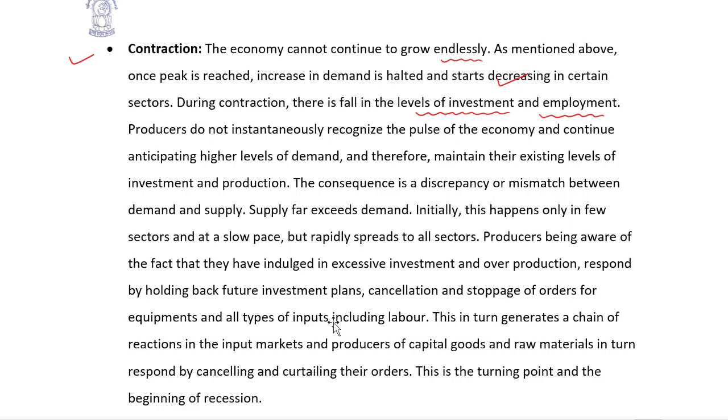Producers do not instantly recognize the pulse of the economy and continue anticipating higher levels of demand. They feel that in future the demand will improve, therefore maintain their existing levels of investment, more inventory and more production.